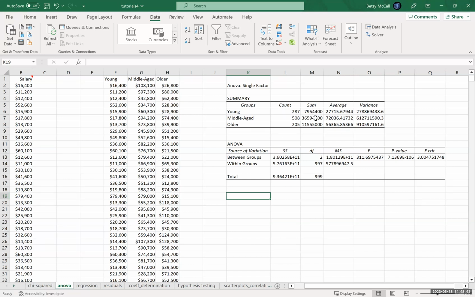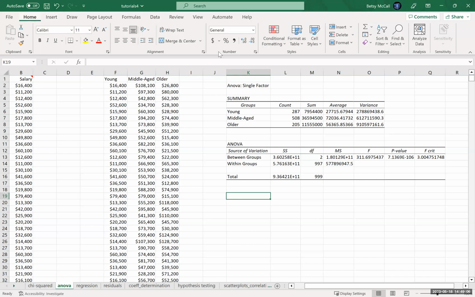It counts them, calculates the sum of all of the values, the mean of all of the values, and the variance of each of the groups: young, middle, and older. Now, I find it really hard to look at variances and eyeball whether or not they're similar enough, so I'm not even going to try. If you're going to try, I suggest putting in your commas so that you can at least see if they're on the same order of magnitude. We'll come back to that in a second.